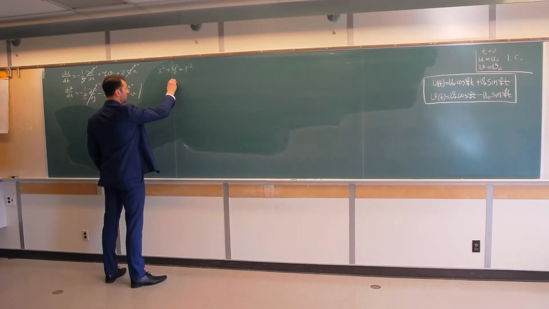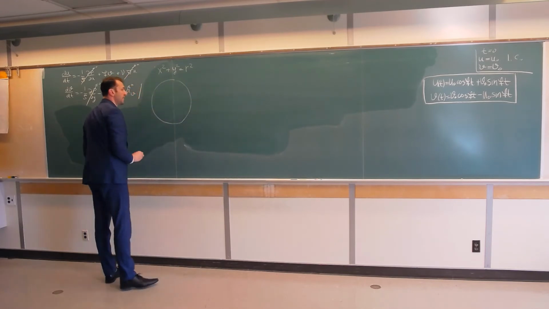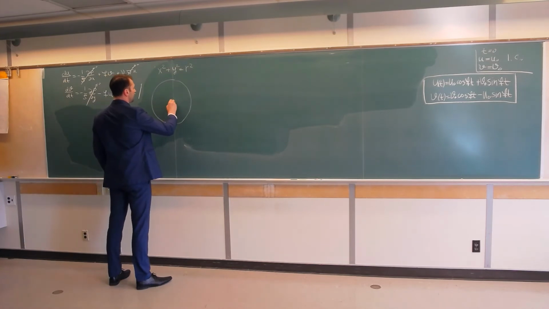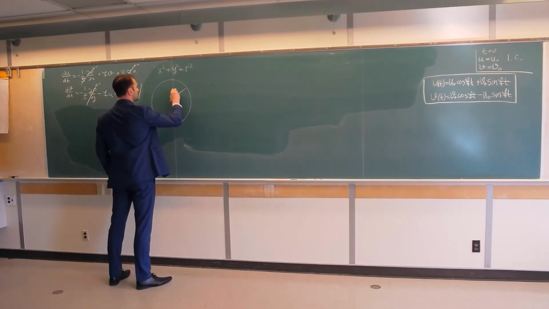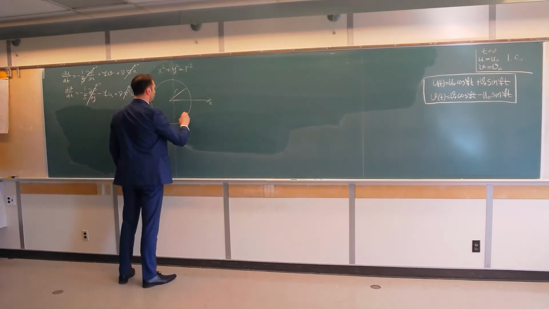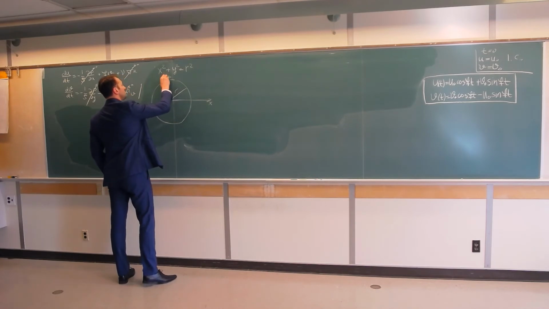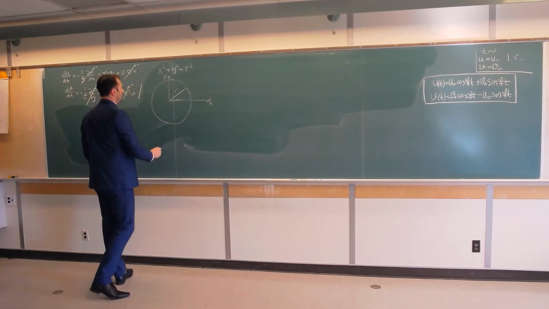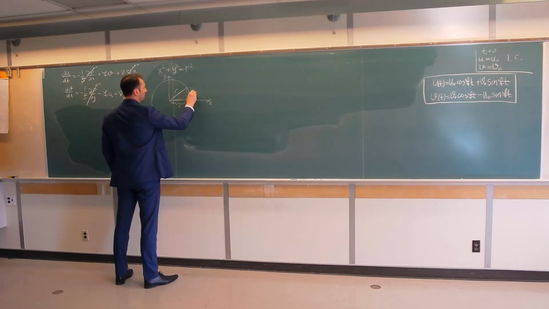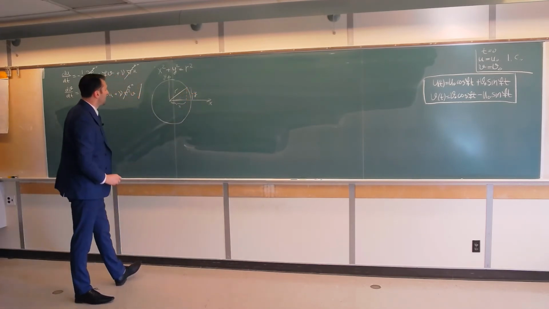If you have a circle, and here is the center of the circle, and let's say this over here is radius r. Now, if I take this to be my x-axis, and this to be my y-axis, then this radius r will have this component in the x direction, and will have this much in the y direction.